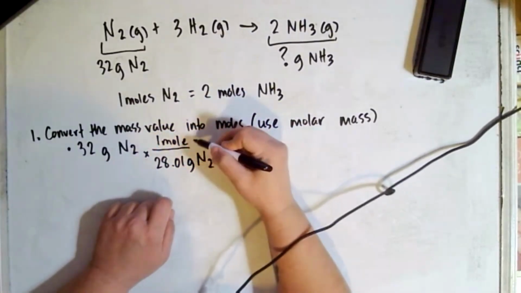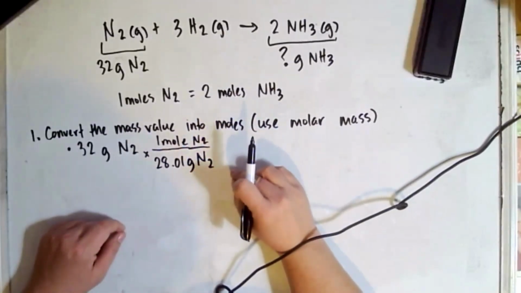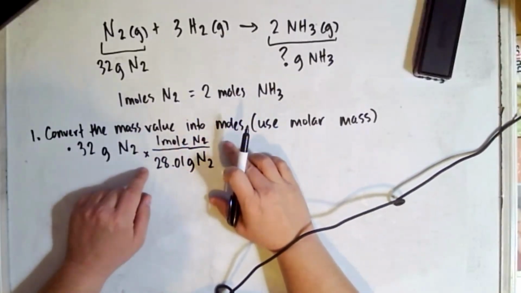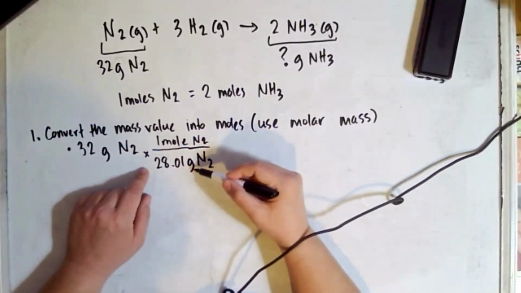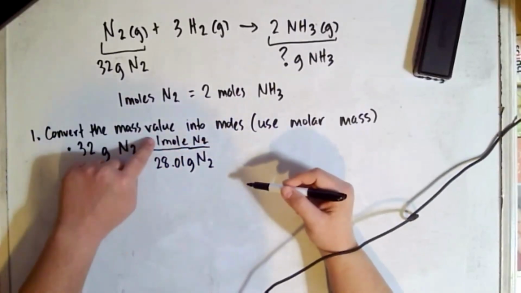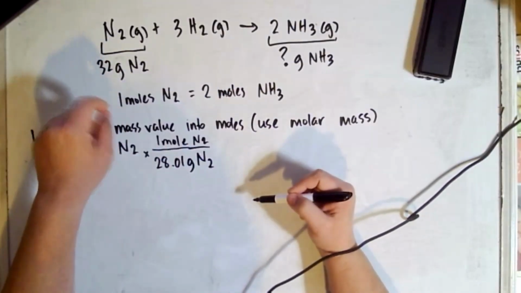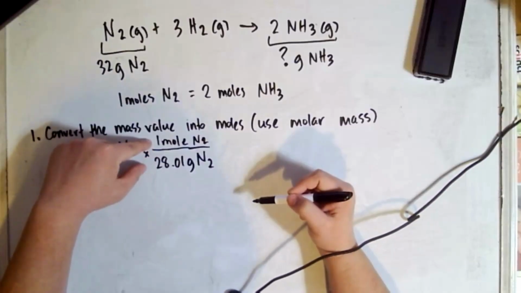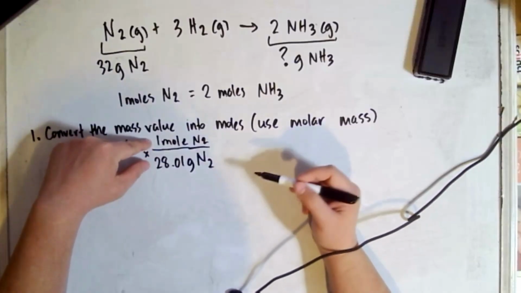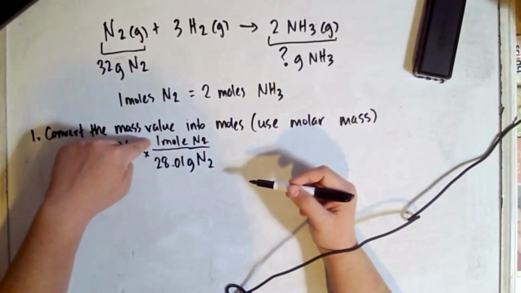And we put 1 mole in the numerator. With molar mass, you have to remember that the conversion factor is always grams in 1 mole. This 1 mole that I put up here is not affected by this chemical reaction. The 1 mole is part of the definition of molar mass. Molar mass is going to be grams for 1 mole.